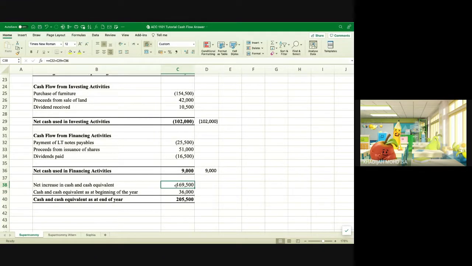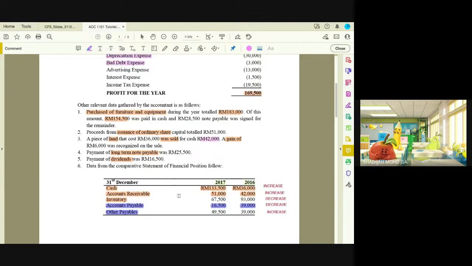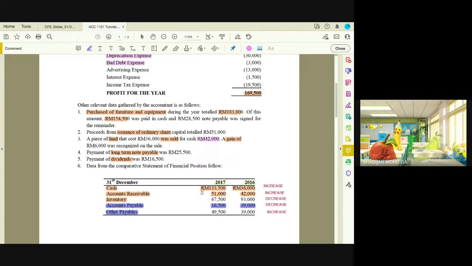How do you get 169? You have information about cash at the beginning of the year. How much cash do you have? Beginning is 36,000, so you put in your 36,000 at the beginning of the year, and then your closing is 133,500.